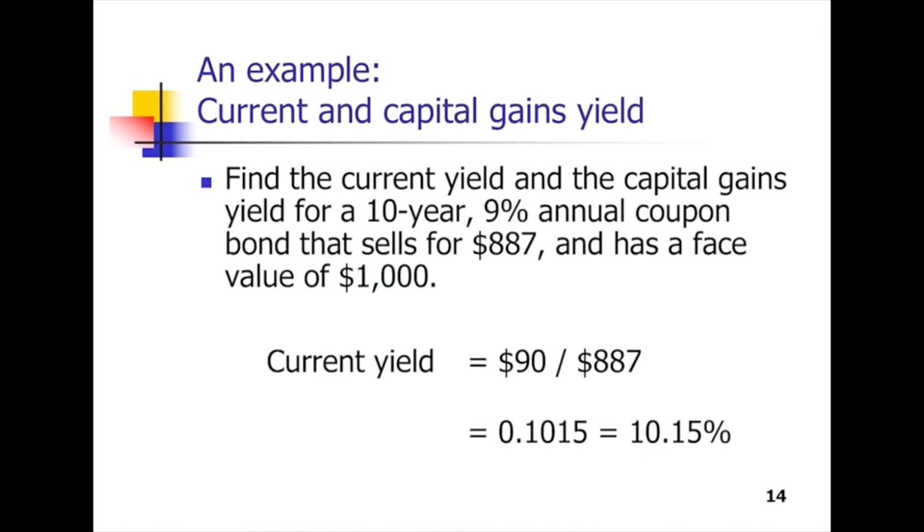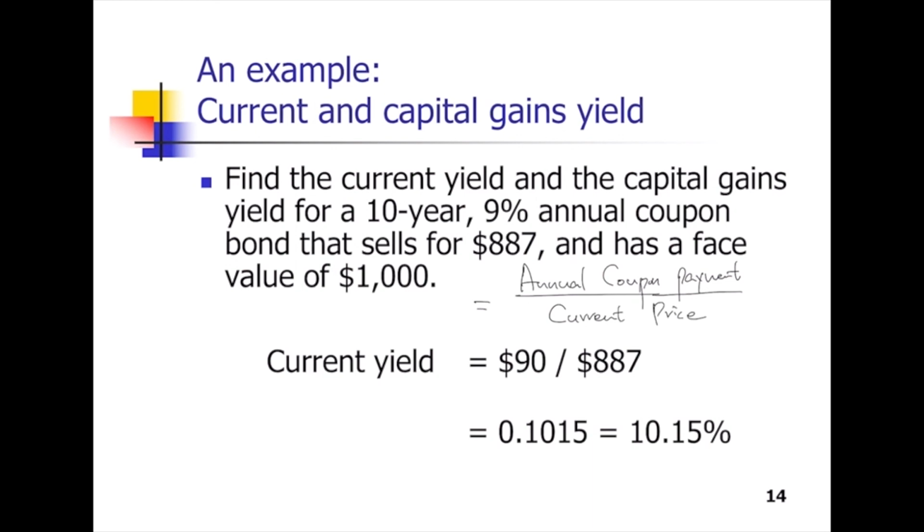Here is an example about current yield and capital gain yield. Find the current yield and capital gain yield for a 10-year 9% annual coupon bond that sells for 887 and has a face value of 1,000. In the current yield equation, the numerator is the annual coupon payment and the denominator is the current price, right?